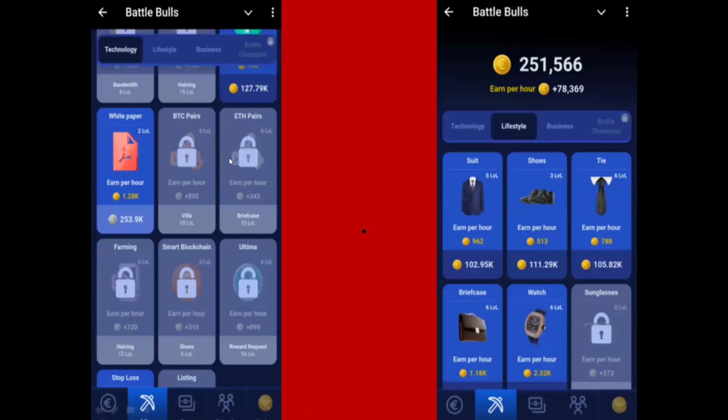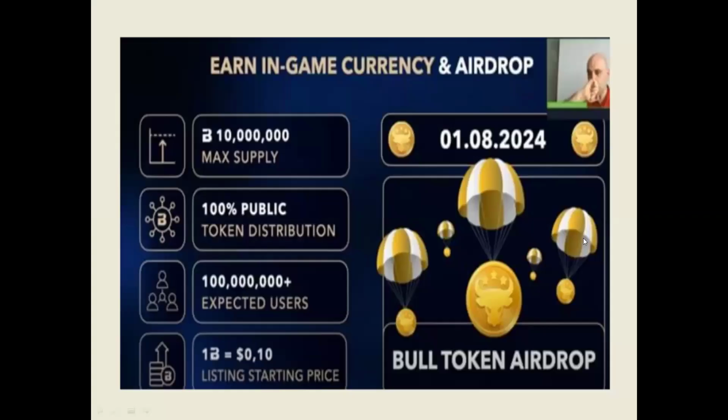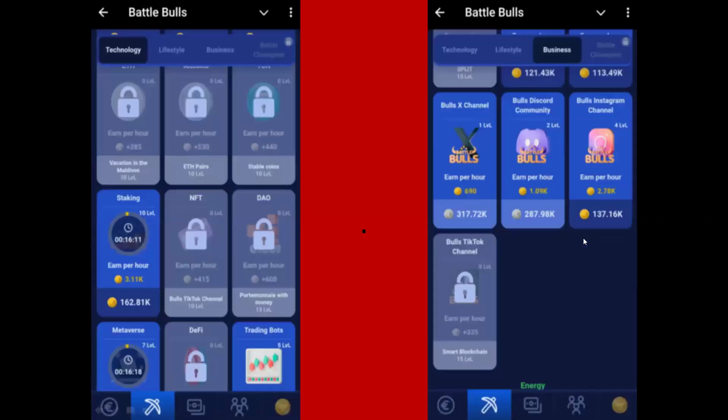Let's check here if we'll find it. Bull's TikTok. It's not here. Let me go down, for instance. I'm not sure that it's here. Bull's TikTok. Bull's TikTok. Okay, good.